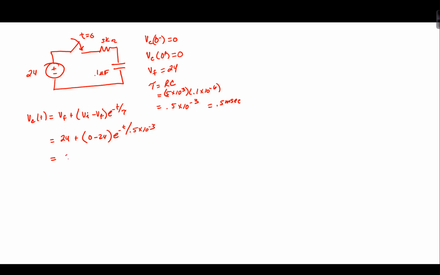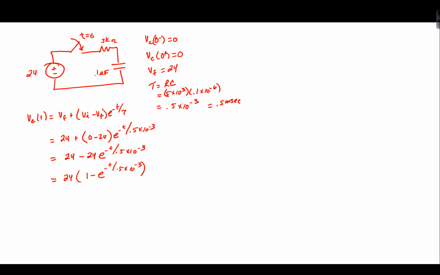And that equals 24 minus 24 e to the minus t divided by 0.5 times 10 to the minus third volts. And we can even factor out that 24 if we wanted, which would be 24 times 1 minus e to the minus t divided by 0.5 times 10 to the minus third.